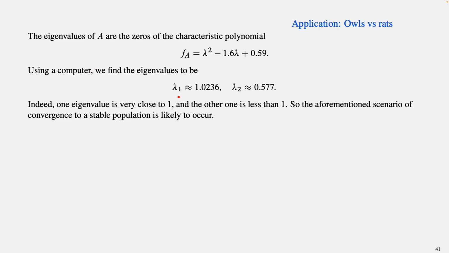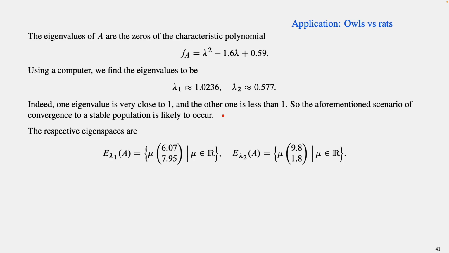And we find the eigenvalues to be approximately lambda 1 equal to 1.0236 and lambda 2 approximately equal to 0.577. So we more or less have the situation that I sketched before. One eigenvalue is very close to 1 and the other one is less than 1, so the scenario I just explained before is likely to occur.